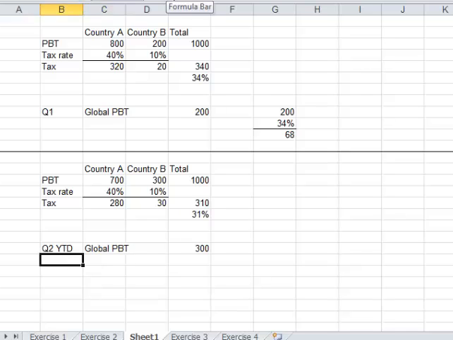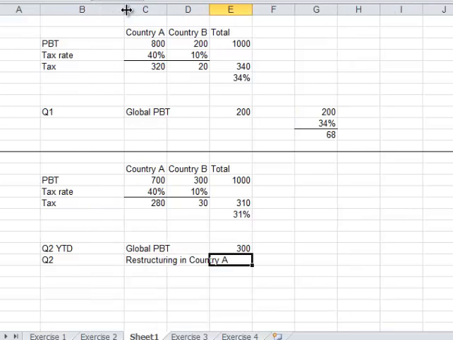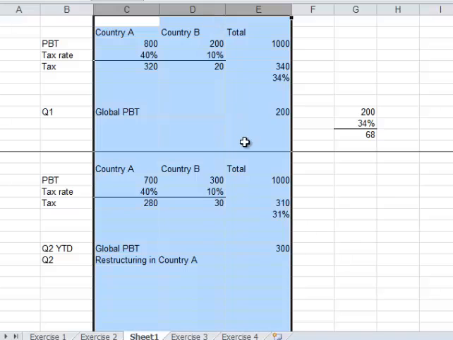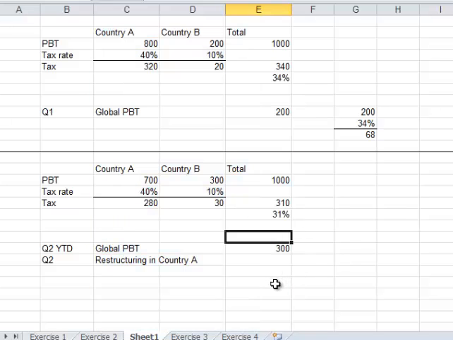Now, let's say also in Q2, I had a restructuring charge in country A. Let me try to make the math somewhat easy, of 40.